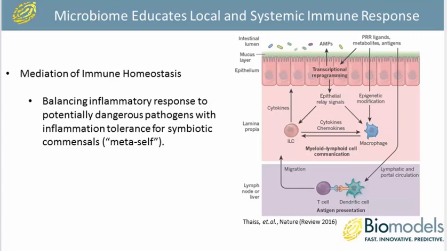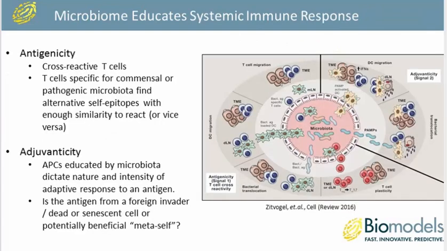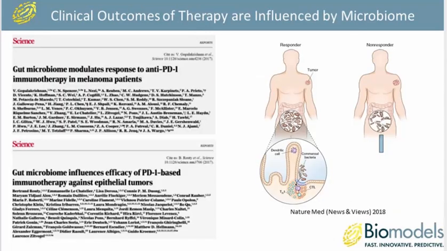So basically, what the immune system is doing in response to these bugs is balancing inflammatory response to potentially dangerous pathogens with tolerance for symbiotic commensals or metacells. And the immune system is able to do this through a combination of antigenicity and adjuvanticity provided by chronic exposure to the microbiota.